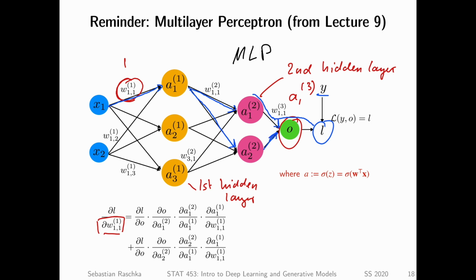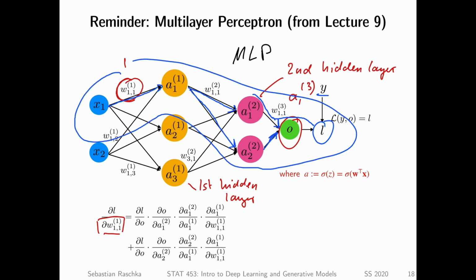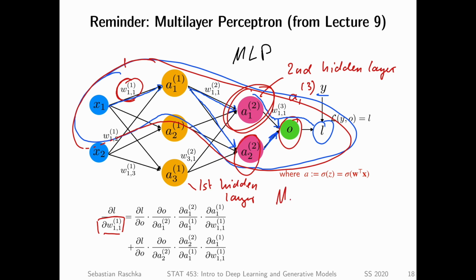So let me use a different color again. This is what we need, and since we have two dependencies here, A12 and A22, to combine them, as you know from calculus, as we discussed earlier, we need the multivariable chain rule, which is simply this second part that we add to it.